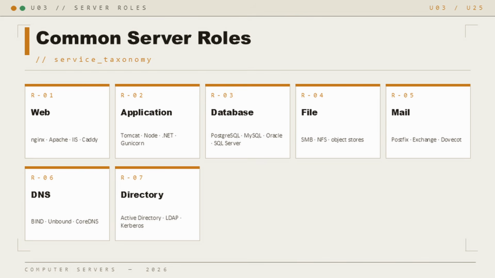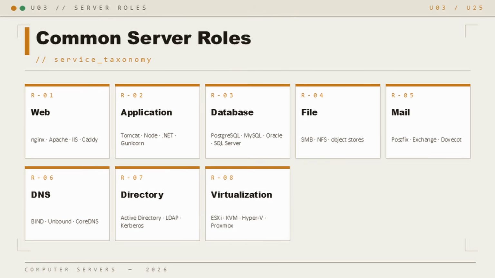A directory server is a centralized database-like system that organizes, stores, and manages information about users, devices, and resources on a network. It acts as a digital address book, allowing IT administrators to securely control who has access to what, enabling single sign-on and authenticating credentials.